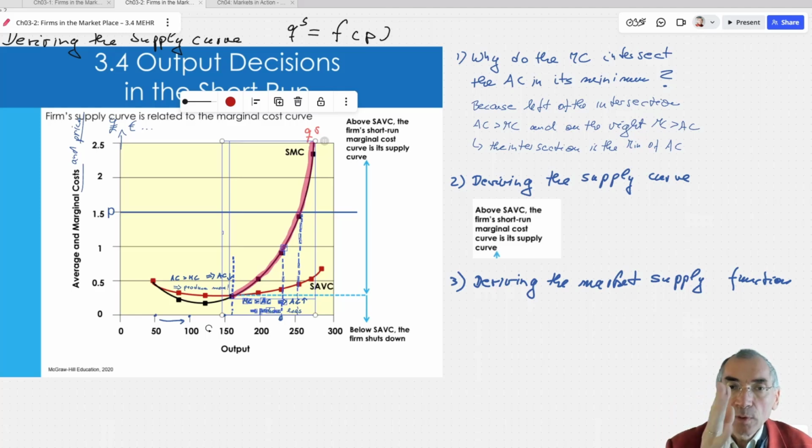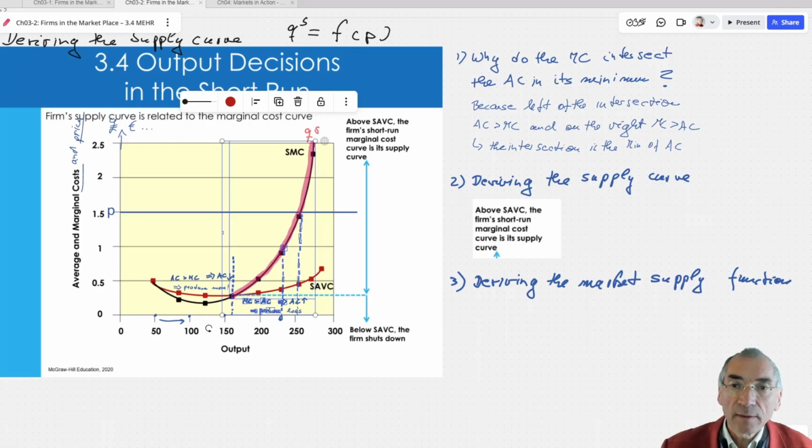The first firm wants to supply 500, the second firm wants to supply 1,000, the third firm wants to supply 1,500. I add all these up and come to 3,000 as the supply at one specific price.